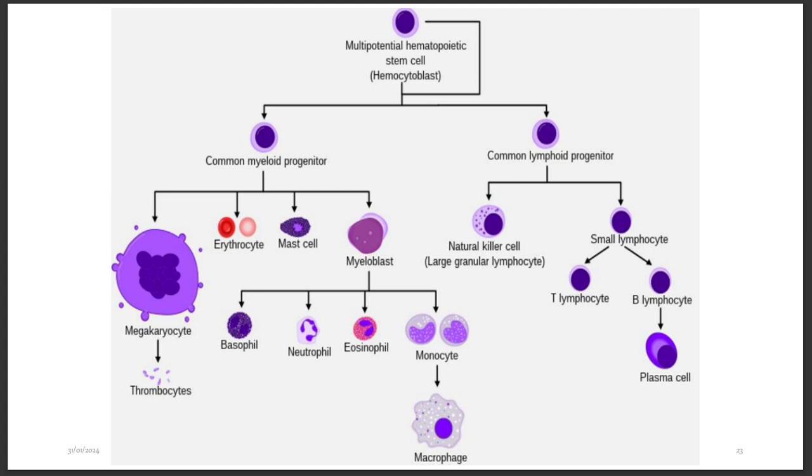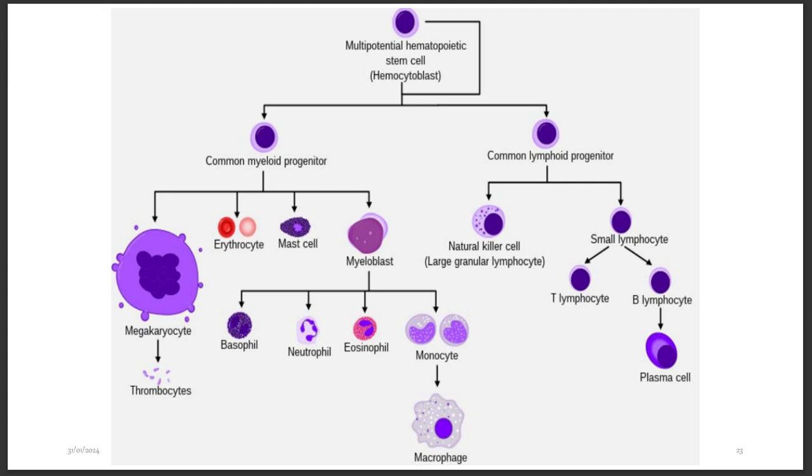These two, myeloid and lymphoid. The lymphoid is very easy. The lymphoid only makes one type of cell, and those we call lymphocytes.